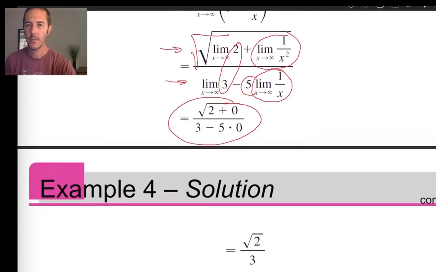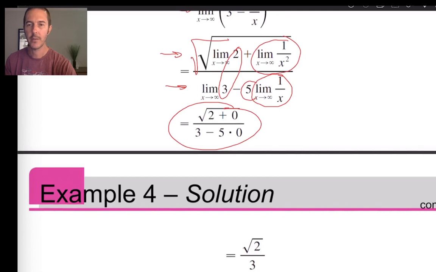Now all of these limits were as x was going off toward positive infinity. We did not investigate x going to negative infinity.